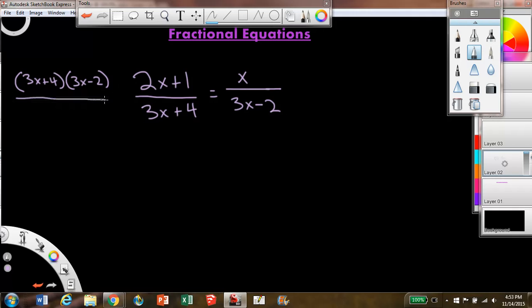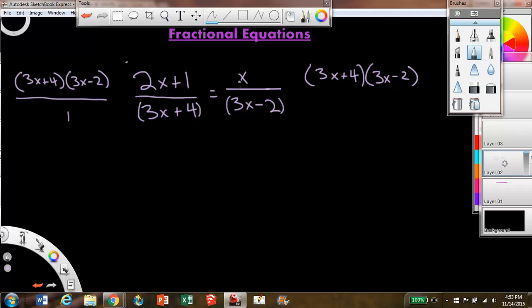We are going to multiply both sides of this equation just like this. This is just like if we were adding these two fractions, what would our least common multiple be to put in the denominator? Well, because these two things are kind of like their own factors, we'd have to multiply them together. So that's what we're going to do.